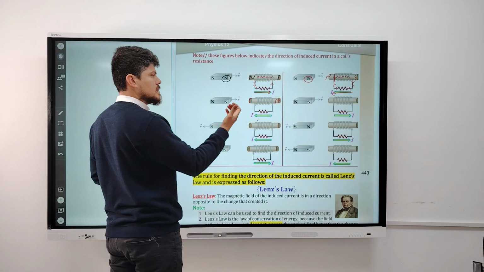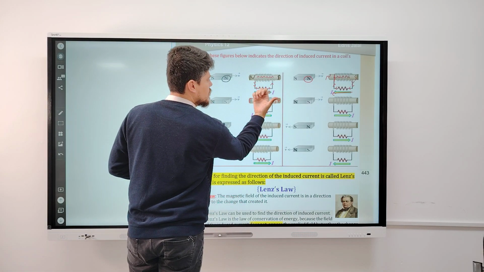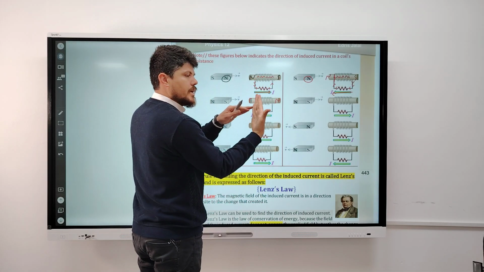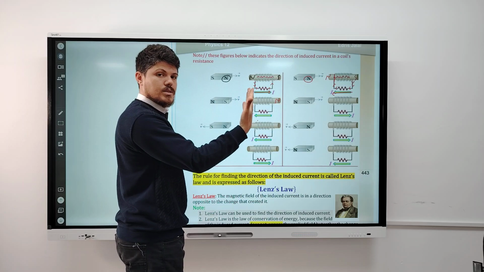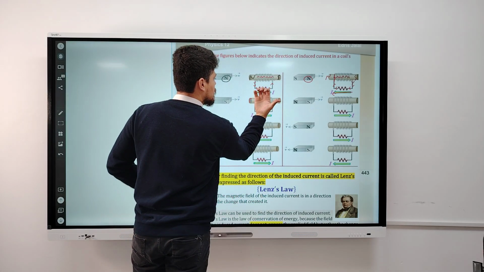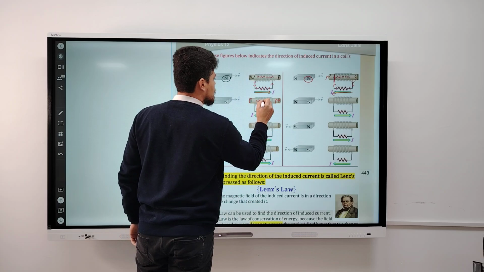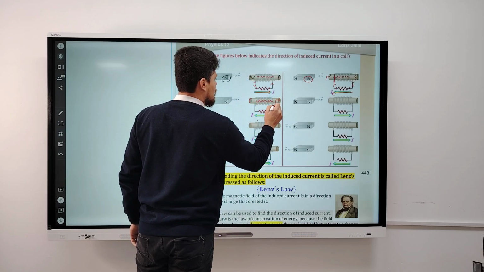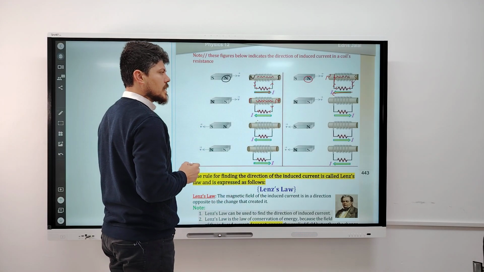If you put your right hand, this is north, you close your fingers. The four fingers represent the direction of the current, and the thumb is the direction of the magnetic field, and it is north, okay? If we close our right hand, the direction of the current is downward, which means from right to left.